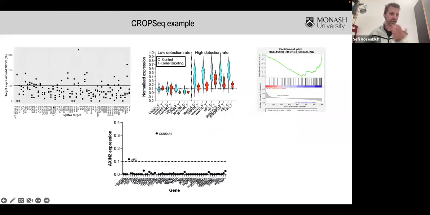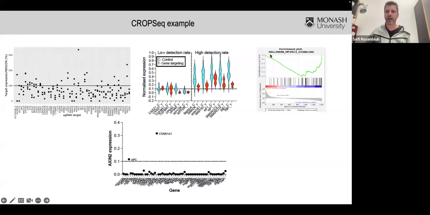And this works very nicely. Here is a pilot experiment that we did, showing that we can inhibit the expression of the target gene of interest. What we found is that some genes, and that's typical for single-cell experiments, are detected at low levels. So the transcript of the gene is not very robust, and you almost don't see a really good knockout of the gene. If you look at Raptor, for example, a known component of the PI3 kinase pathway, we don't really see good knockout of Raptor.